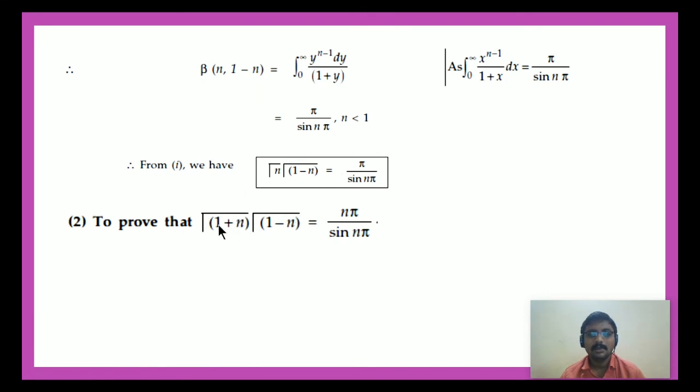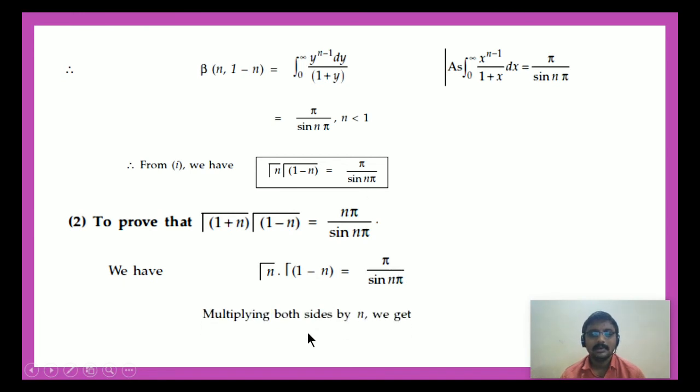Now prove that gamma of 1 plus n into gamma of 1 minus n is n pi by sine n pi. We have just proved gamma of n into gamma of 1 minus n is pi by sine n pi. Now multiplying both sides with n, we will get n gamma of n into gamma of 1 minus n is n pi by sine n pi, which is obtained just by multiplying with n on both sides.